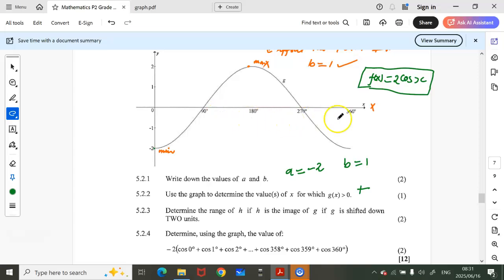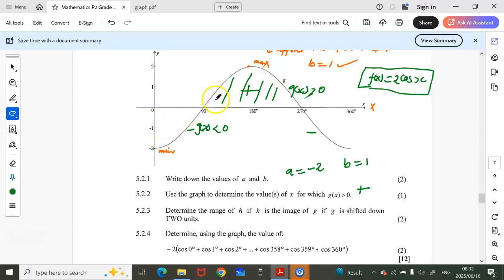It depends on the x-axis. If the graph appears above the x-axis, that is when the graph is positive. And when the graph appears below the x-axis, the graph is negative. Meaning, on this portion g of x is less than 0, but in this portion here, g of x is greater than 0.